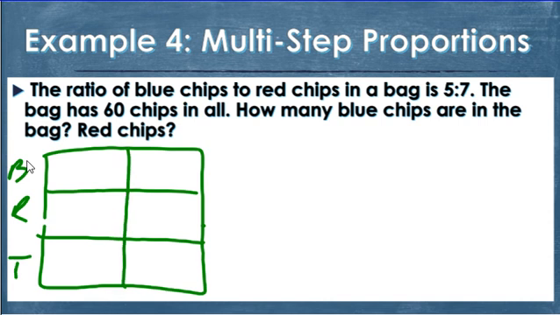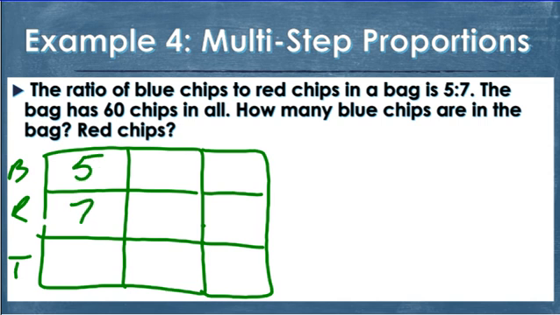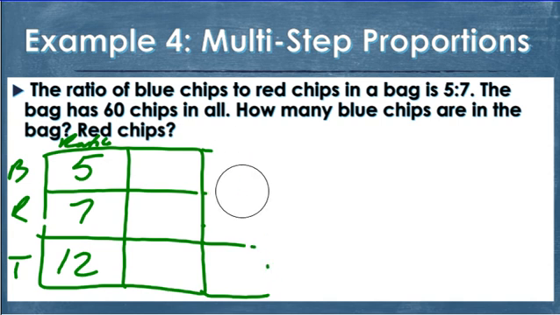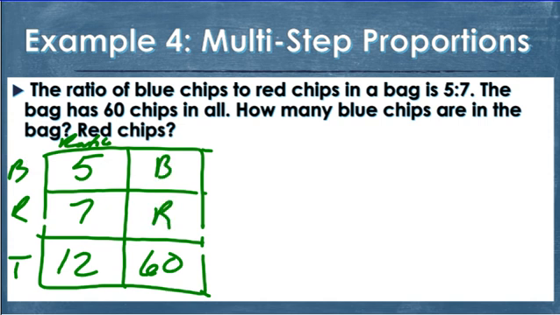So the blue we have 5, we got 7, total of 12, that's our ratio. And then let me get rid of this last column here. We know that there are a total of 60 chips. We need to find out how many blue there are and then how many red.